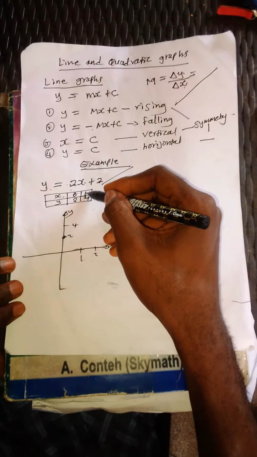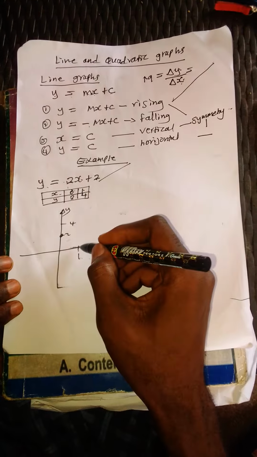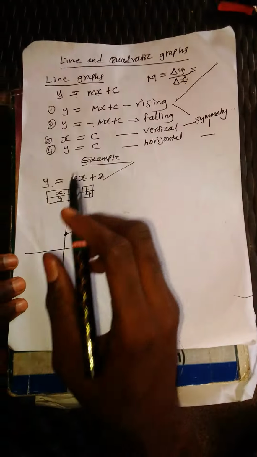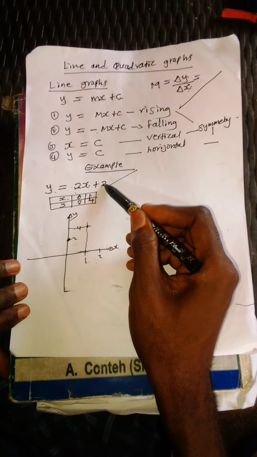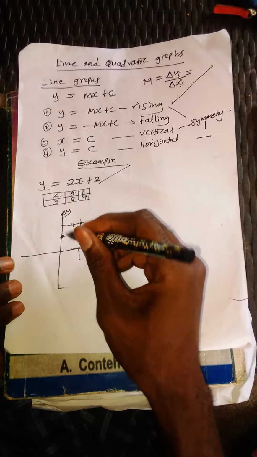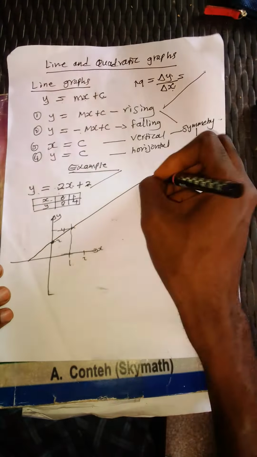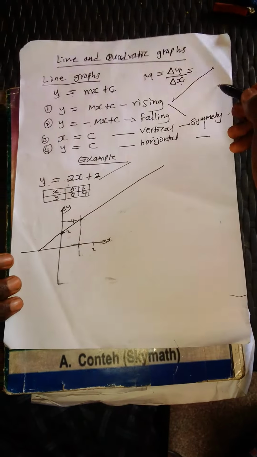And when x is 1, y is 4, this is the intersection. I told you this 2 represents the intercept on y. This is where the line must pass, it's compulsory. So if we draw it straight, the line is going to be this. Because it is positive, that's why it moved this way.